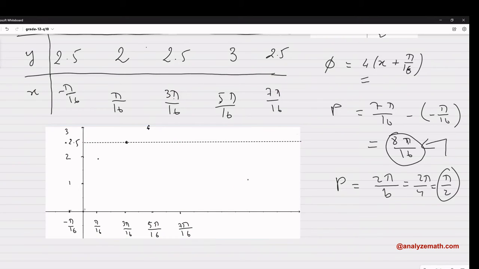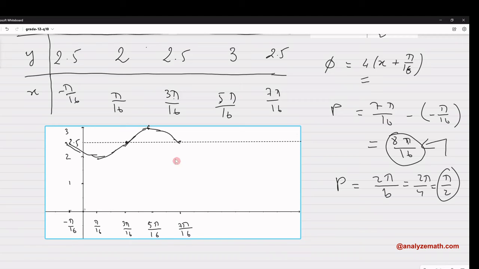So it goes like this, and then we can join the points slowly to have a sine wave of one period extending from minus pi over 16 to 7 pi over 16.